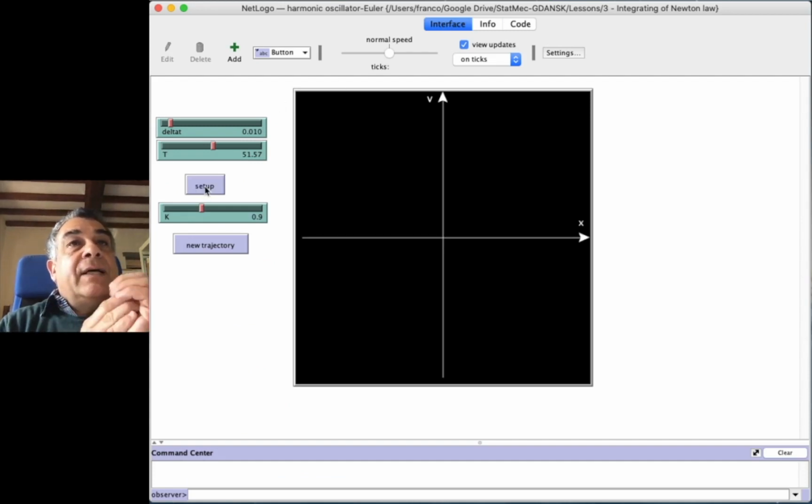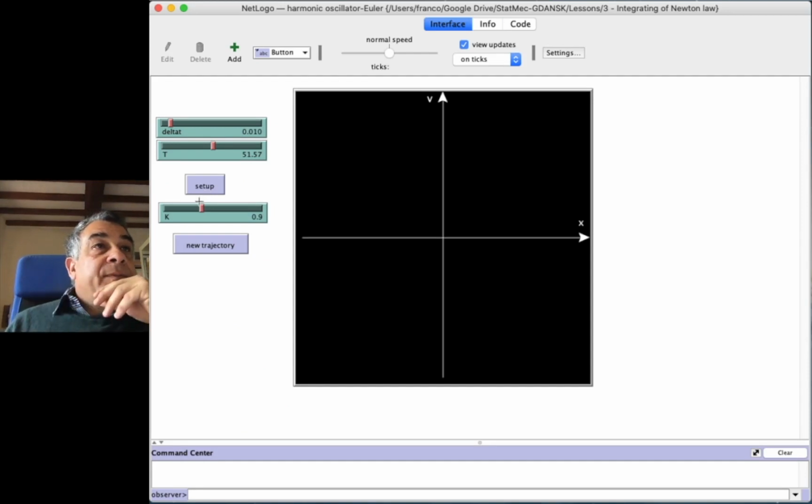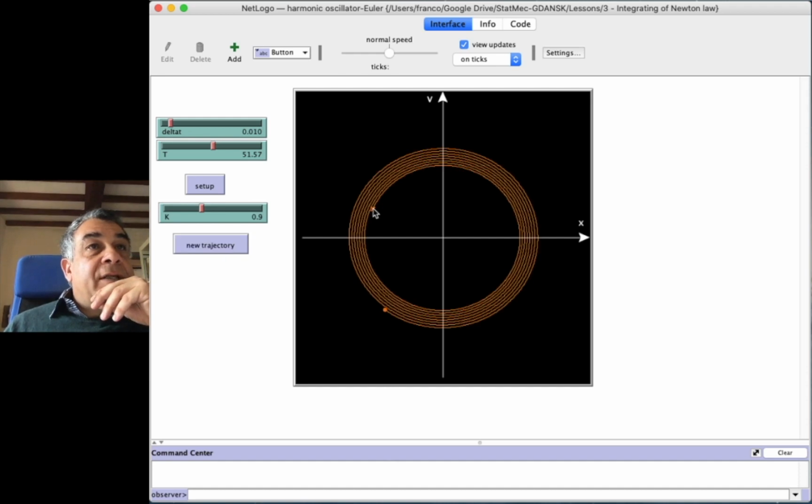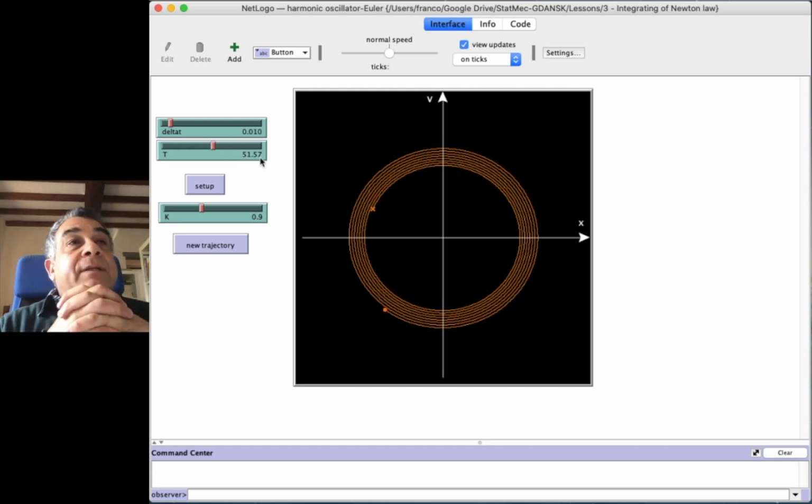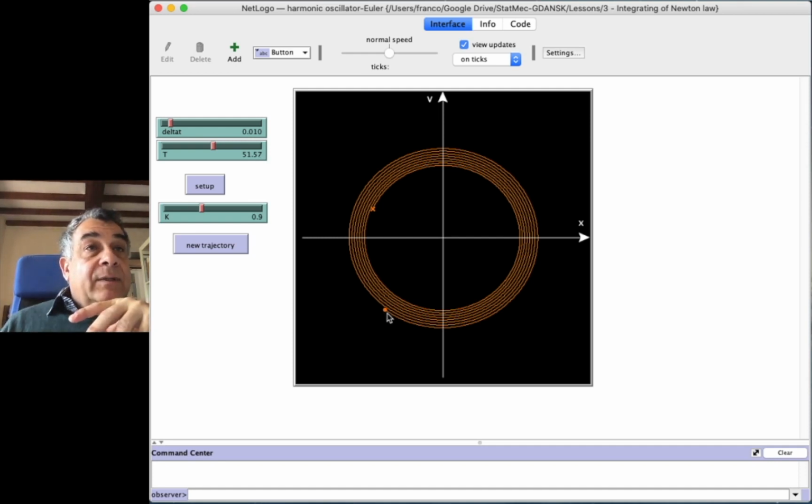So we start by drawing some axes, and then we can start a new trajectory from a given point that I mark with an X. It runs for a certain amount of time, and it ends here after this elapsed time, marked by this dot where it stops.